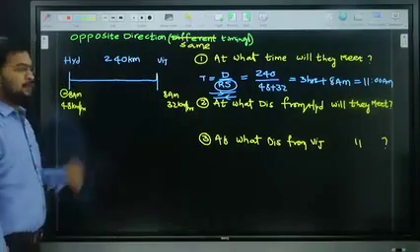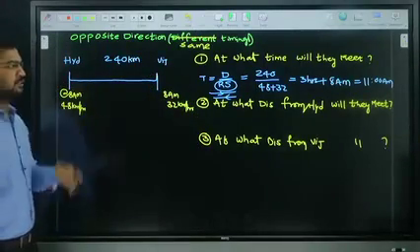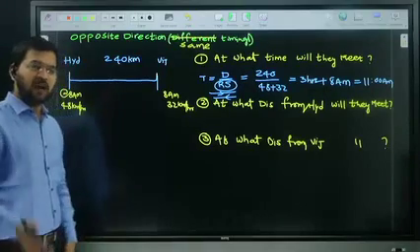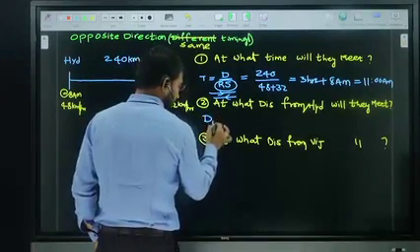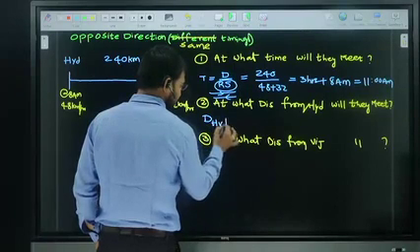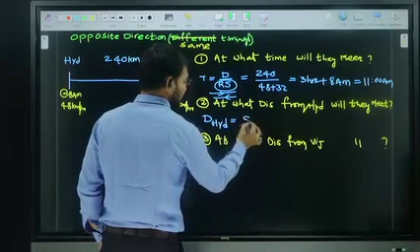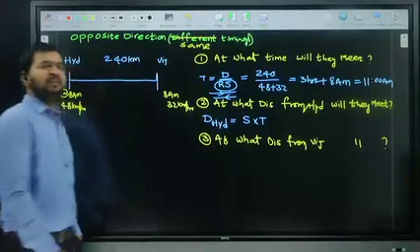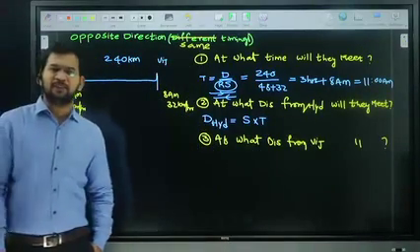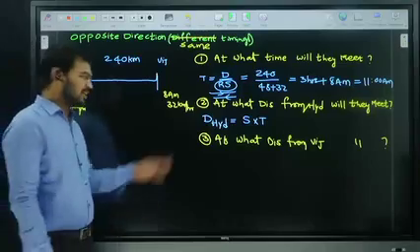Now the second possible question: at what distance from Hyderabad will they meet? Listen carefully here. They're asking distance from Hyderabad. Generally, distance is nothing but speed into time. Here, time is the same for both trains because the starting time is the same and the meeting time is the same.